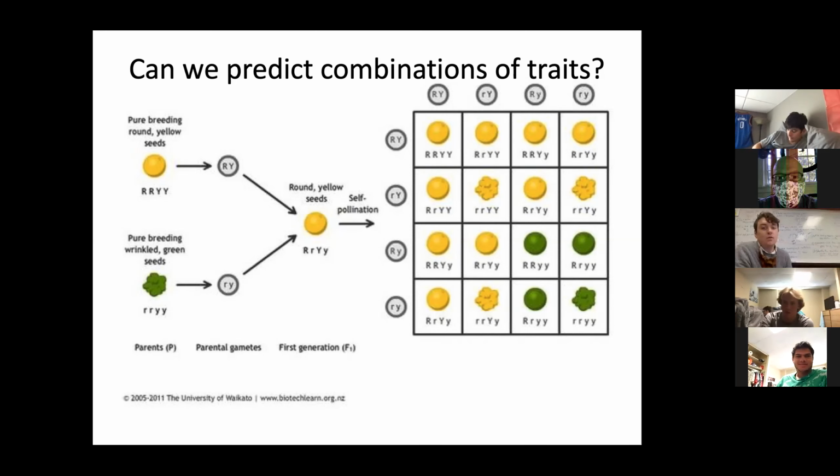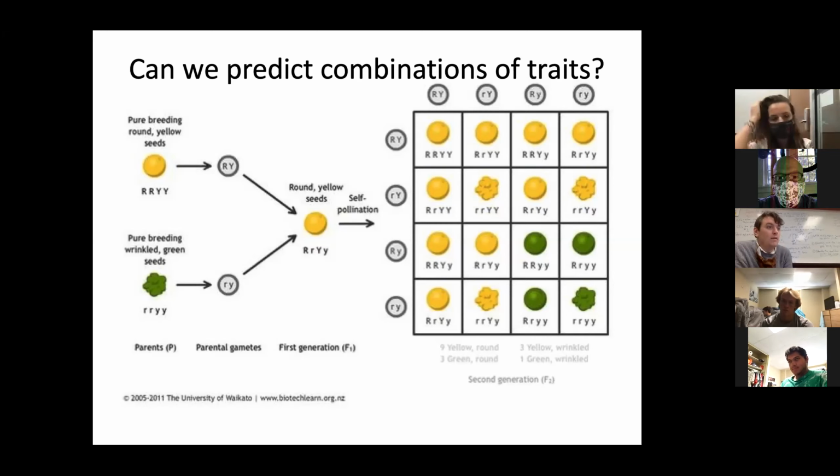I could also ask you, what's the ratio of green to yellow? One-fourth. Yeah. So see, the first time I asked about a pair of genes for the phenotype, and in the other case I asked about just one of the two alleles.